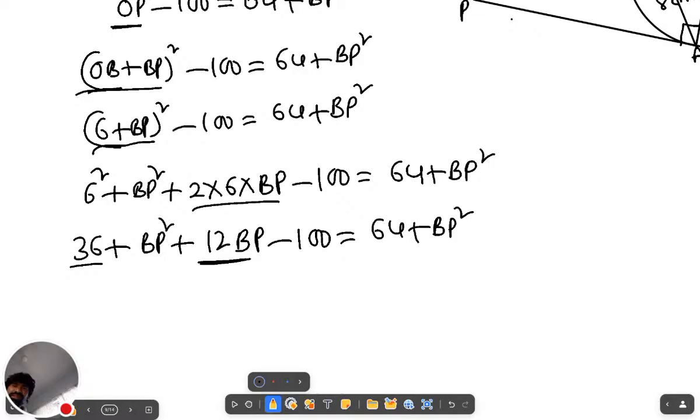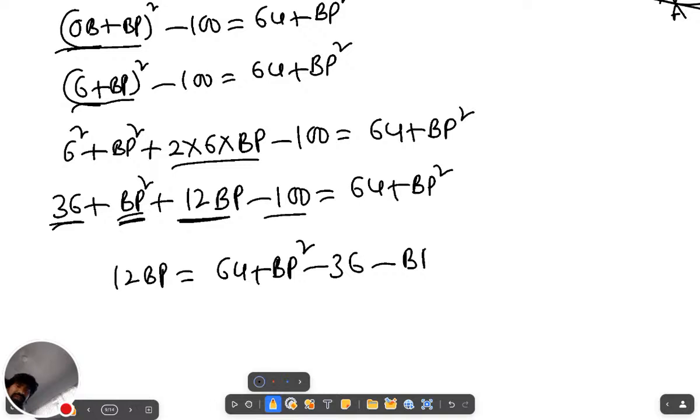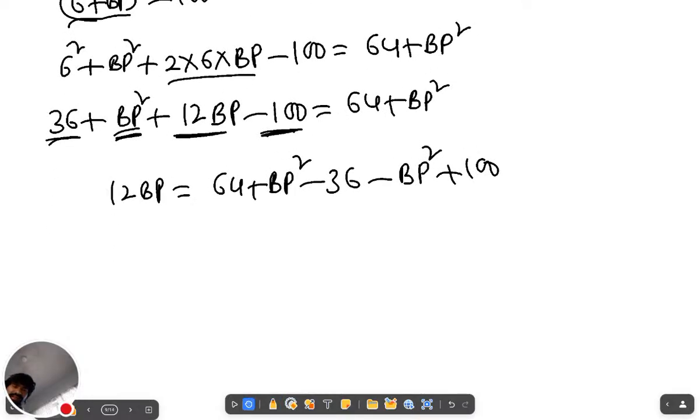Except this 12 BP, send 36, BP square and minus 100 to the right side. So on the left side we will have only 12 BP. On the right side we have 64 plus BP square. If you send 36 to the right side it becomes minus 36, BP square becomes minus BP square, and minus 100 becomes plus 100. Plus BP square minus BP square gets cancelled.